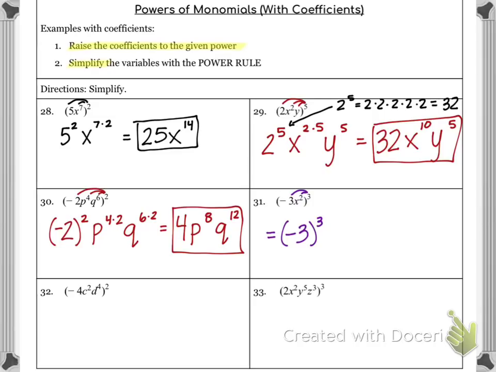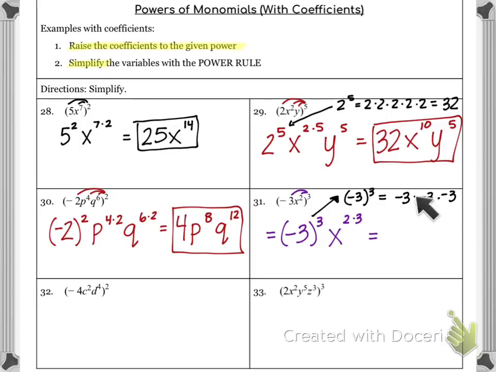Okay, now we're going to look at this next one. Notice here I multiplied the 3 into both, so it's negative 3 to the 3rd power. And then we have x to the 2 times 3. So negative 3 to the 3rd power is negative 3 times negative 3 times negative 3.